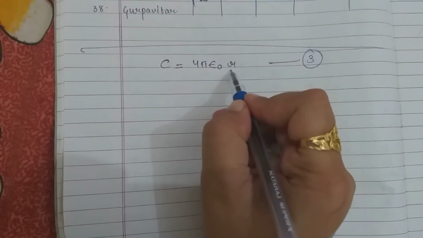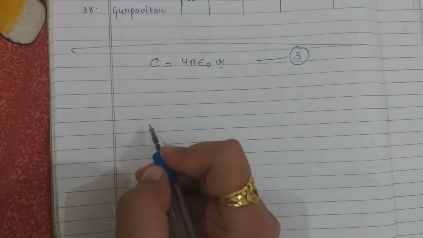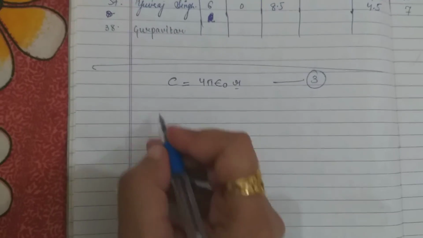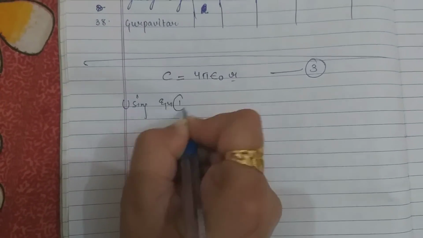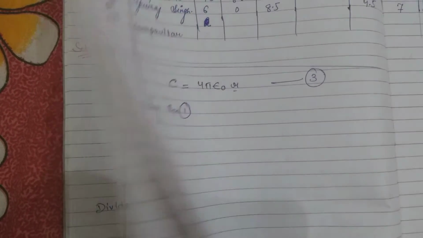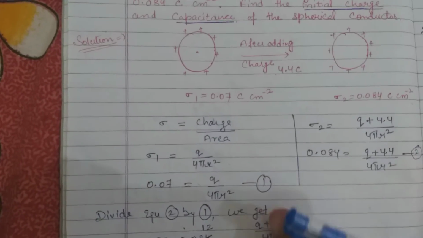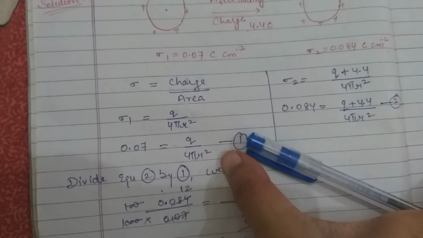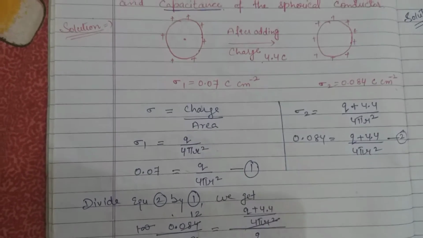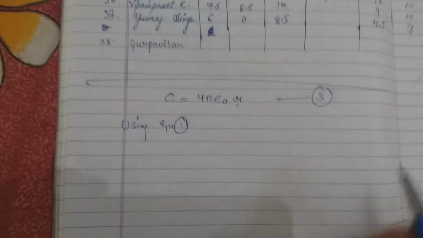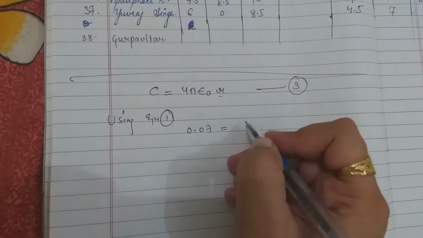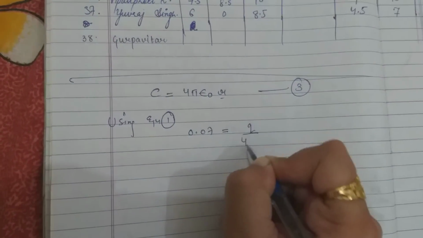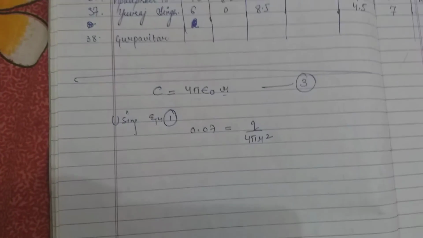Now we want to calculate R. How we can calculate? So using equation 1, we have 0.07 is equal to Q over 4 pi R square.